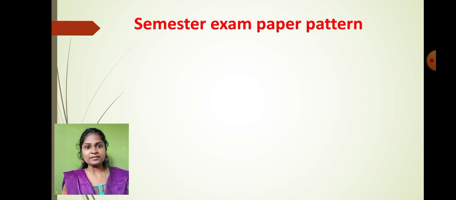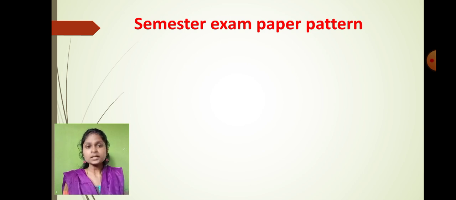So let's begin with our paper pattern discussion. Don't worry, students, it is going to be a completely objective type of paper. We are going to provide you the options, and from the options you have to click on the right option. Like the unit test exam you have already given, this paper will also be like that, and your science paper is going to be for 40 marks.